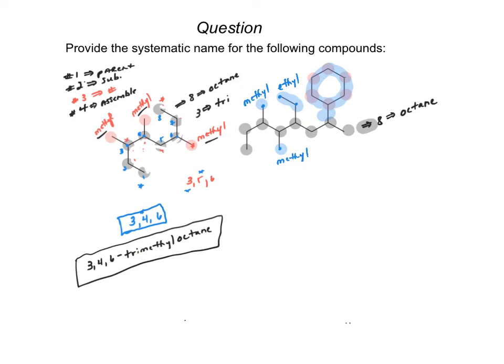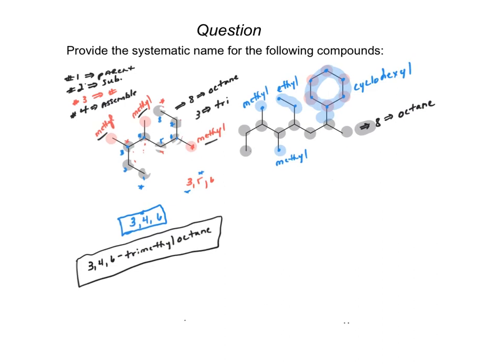Then we have a 6-membered cyclic ring structure. So 6 again is hex. Again, because it's a substituent, it'll be hexyl. But because it's also a ring, we have to specify that with the cyclo in front. So this is a cyclohexyl group. Okay, so now once we've done that, we can start numbering. We have 2 options to number this.